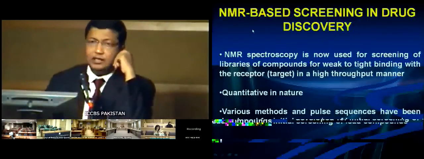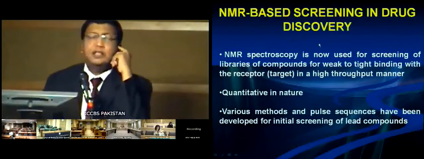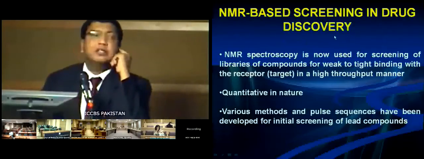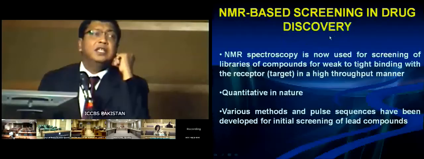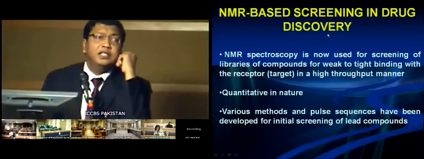People have been working since the first paper in Science was published in 1996 on using NMR spectroscopy for drug discovery. And then there was an issue of Angewandte Chemie. Please go and check it.